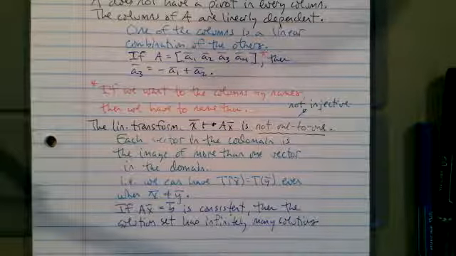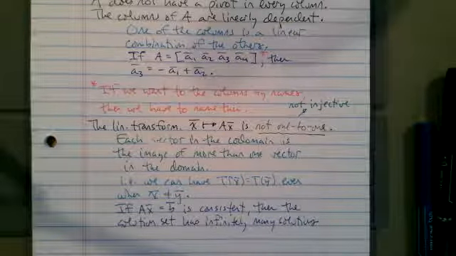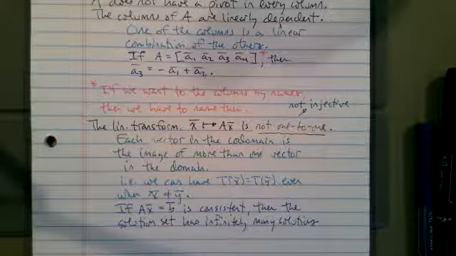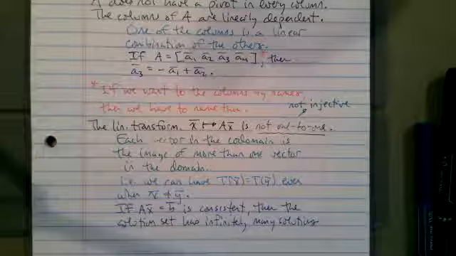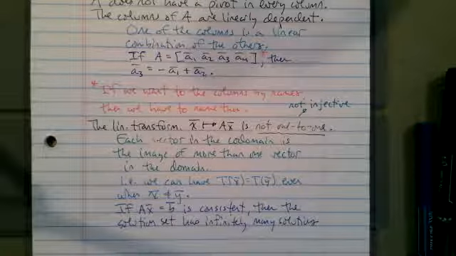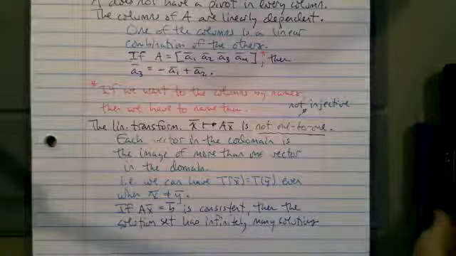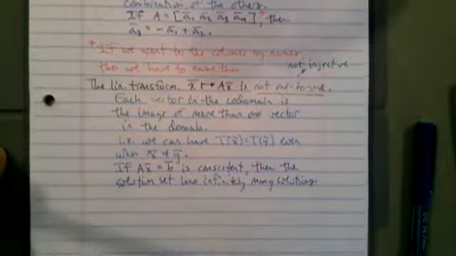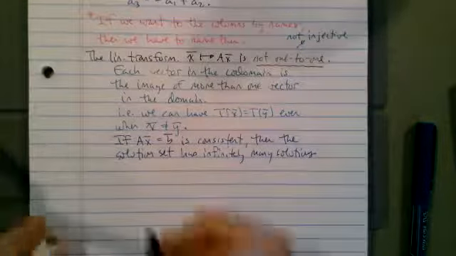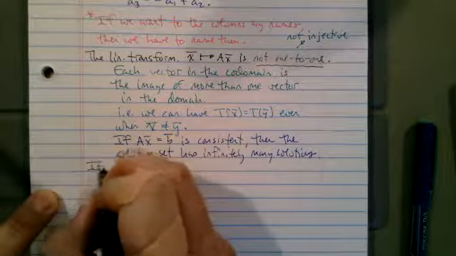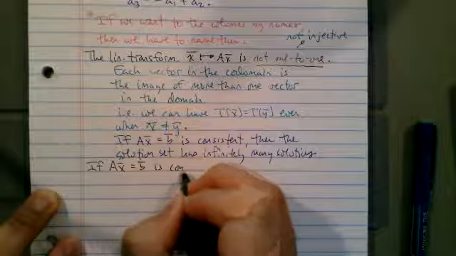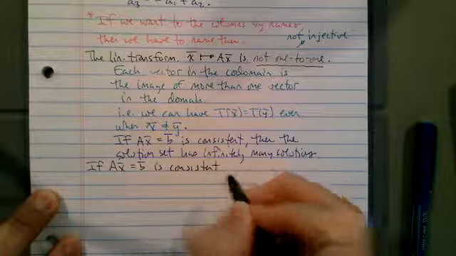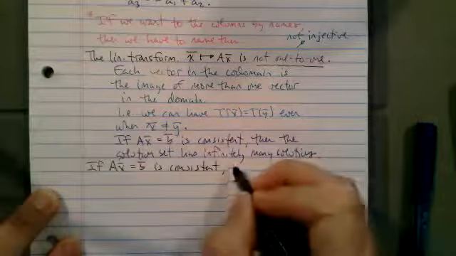An important thing to notice here is that we need the qualifier. If Ax = b is consistent, then the solution set has infinitely many solutions. And those are the things that we can say about the equation.